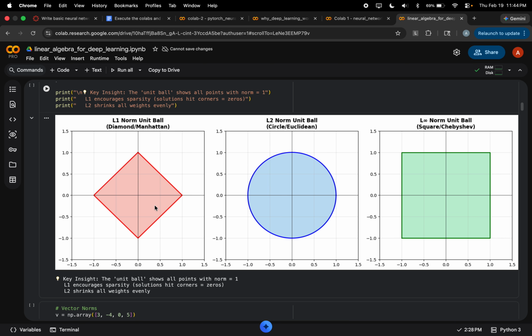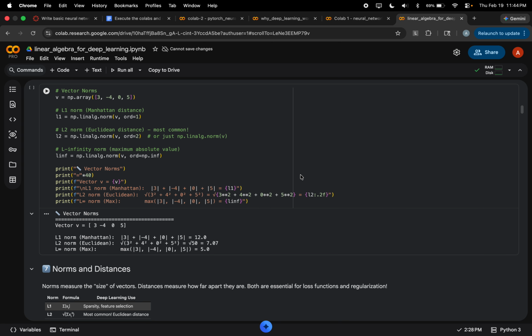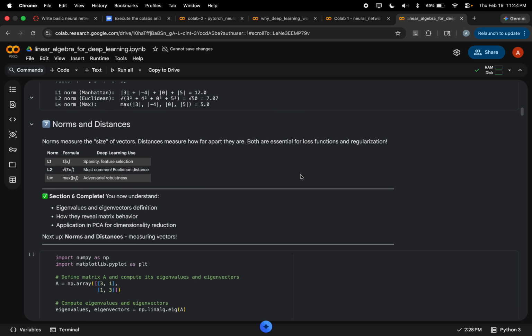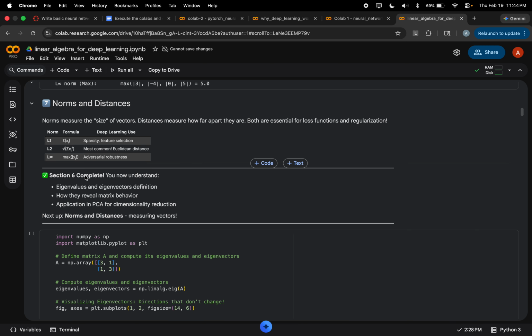The unit ball shows all the points with norm equal to 1. L1 encourages sparsity, so solutions hitting corners is equal to 0, and L2 shrinks all weights evenly. This is just the formula for the different norms: Manhattan, Euclidean, and then L infinity.